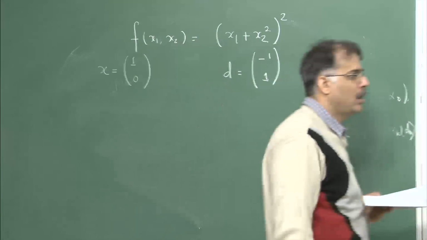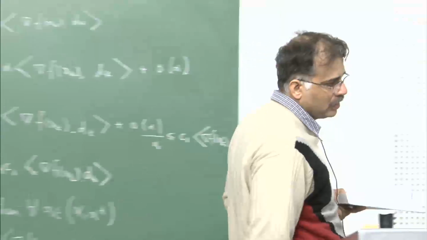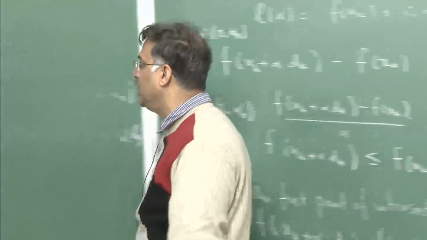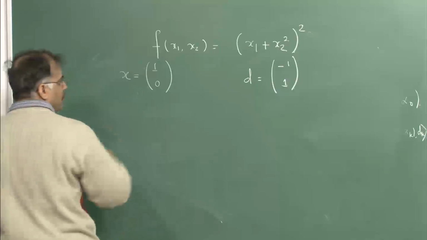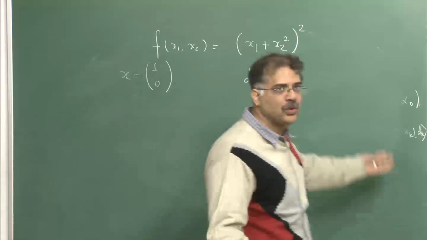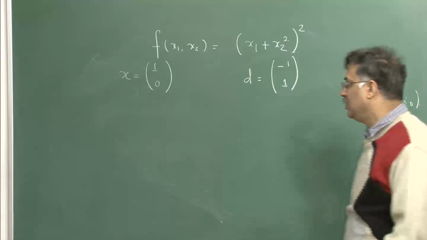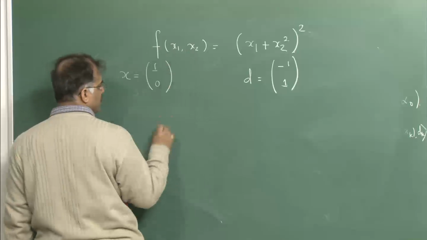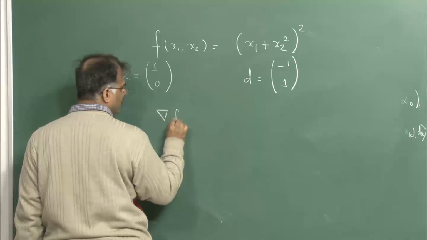Now, the question is: is d a direction of descent from this point (1, 0)? How do I first know whether I have a descent? To have a descent, I first have to find the gradient of this function.